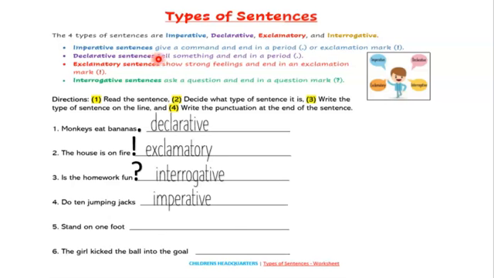For an imperative sentence, it can end in either a period or an exclamation mark, right? That's right. So how do we decide which punctuation we use? If you haven't watched our video on imperative sentences, it's a quick little video that helps you decide on which punctuation to use.